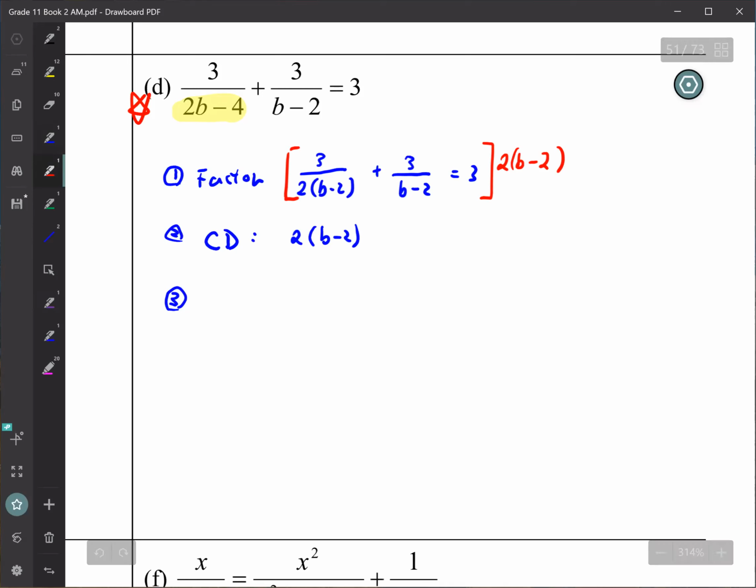Okay, please raise your hand when you have finished. This one doesn't have quadratic, okay? So it should be pretty easy. Okay, Eric, what's your final answer? I have b equals 7/2. 7/2, okay. Anyone has different answer?